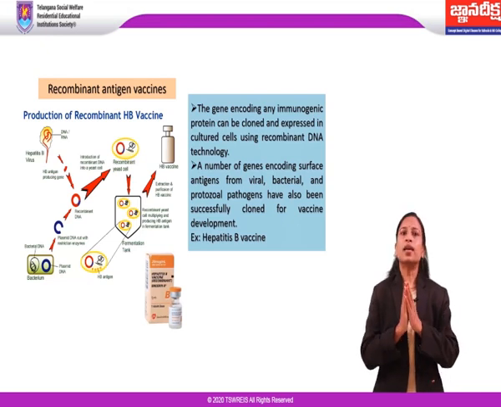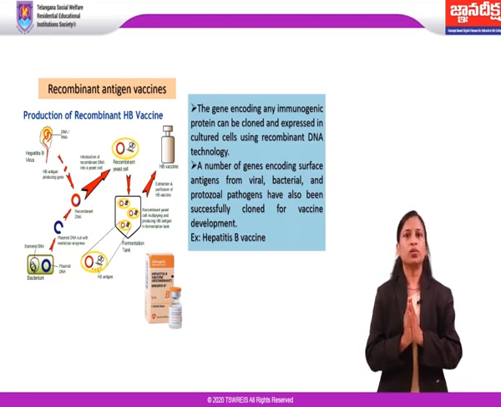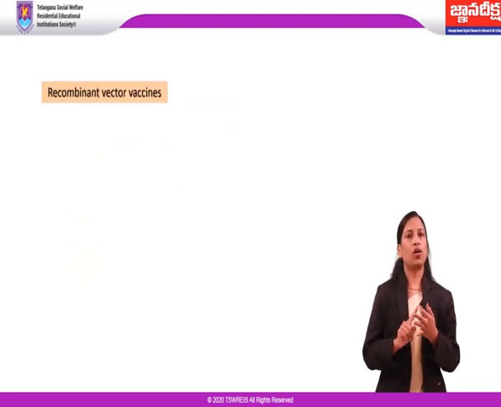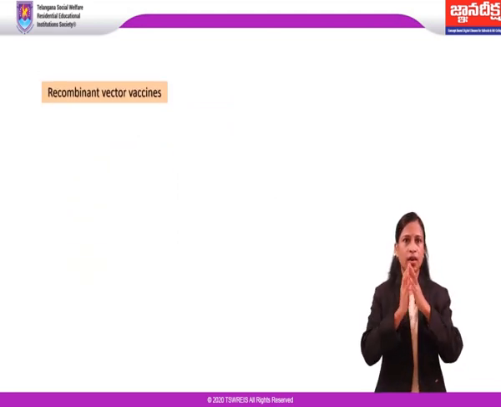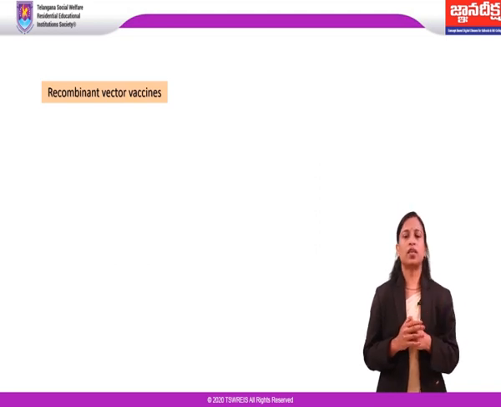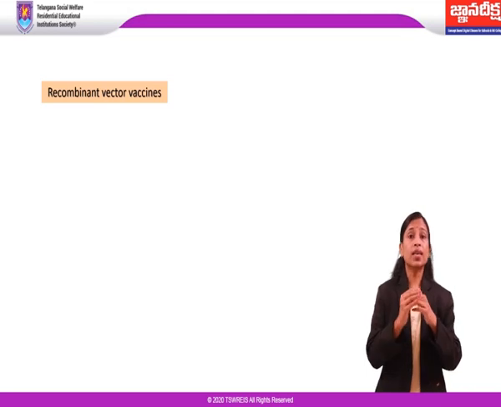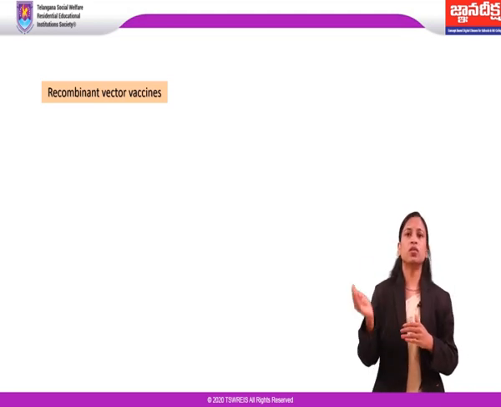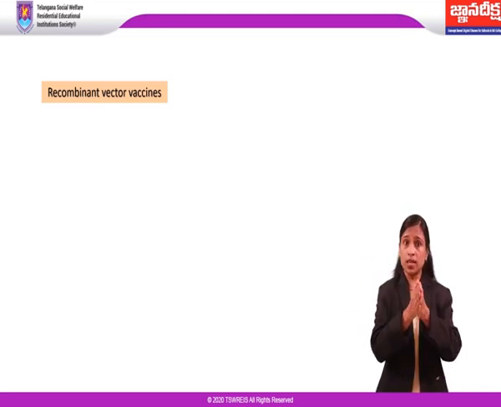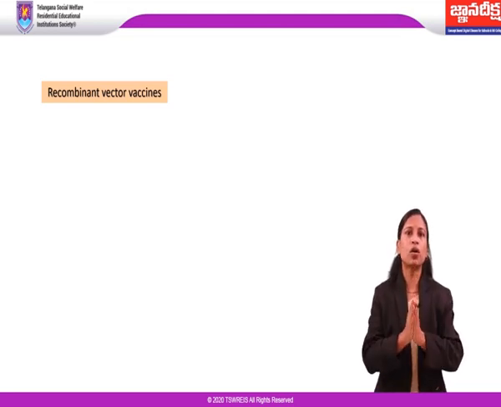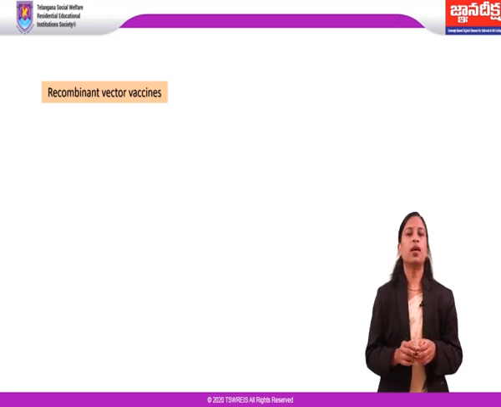Other vaccines currently under development include recombinant vector vaccines, DNA vaccines and RNA vaccines. As we have seen, though live attenuated vaccines induce a strong immune response, they can sometimes revert to pathogenic forms. This disadvantage can be overcome by the use of recombinant vector vaccines.